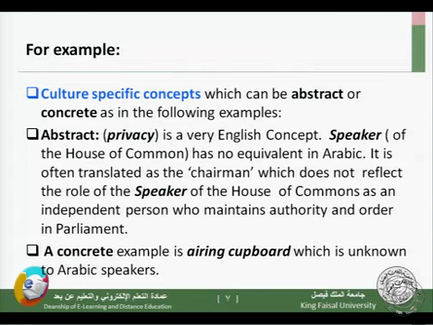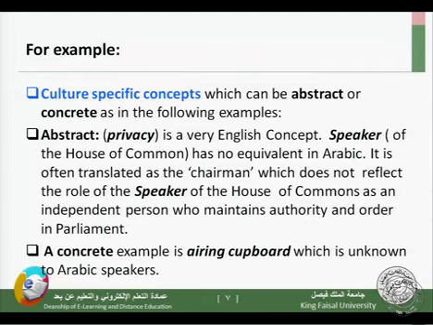He is an independent person who maintains authority and order in the Parliament. He can silence the Prime Minister, or he can silence any member in the Parliament if he wants to.